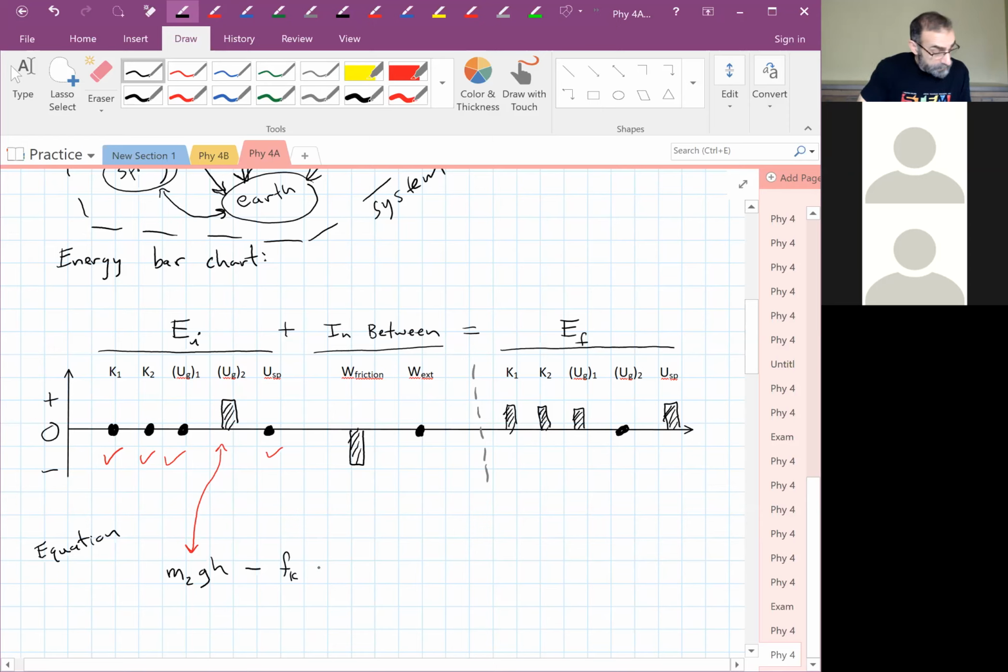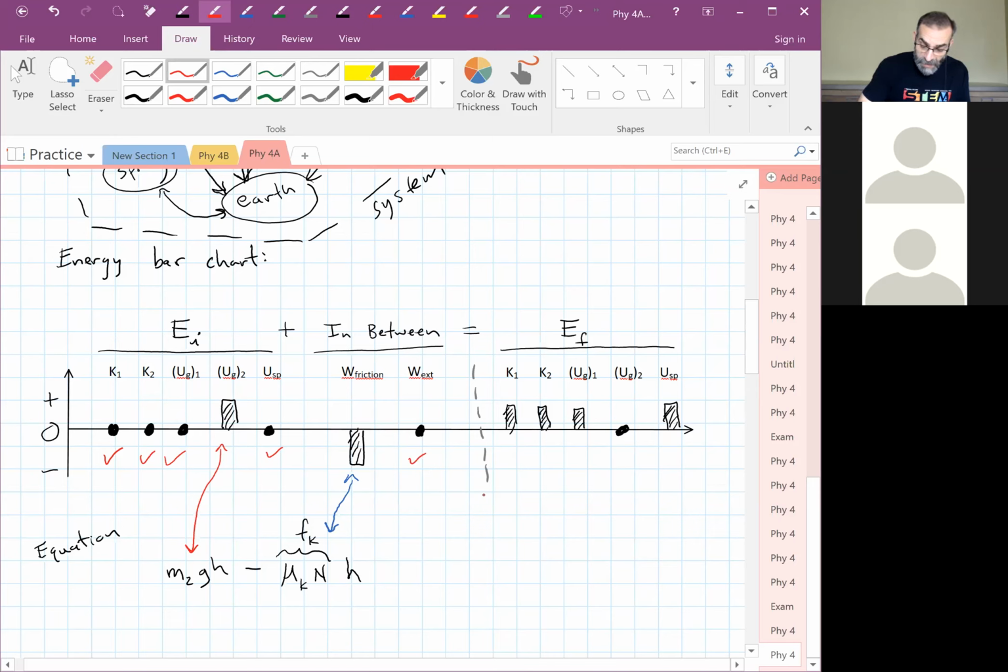Friction force, actually, let me write it out as mu times the normal force is the friction force times the distance. What distance does block 1 slide up the incline? H. So that's that. I have another 0.